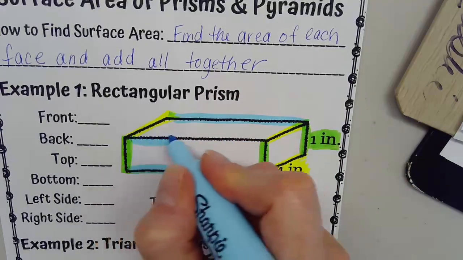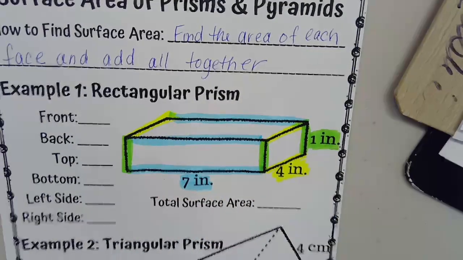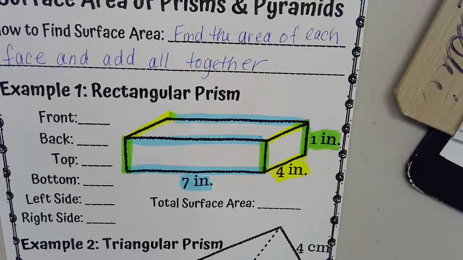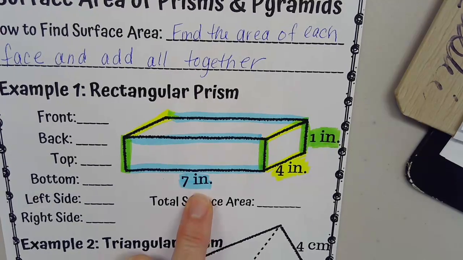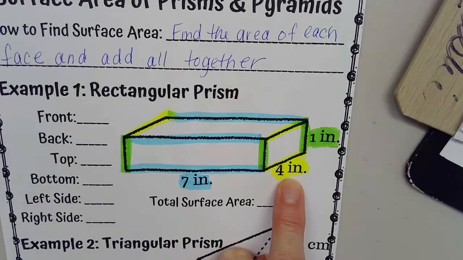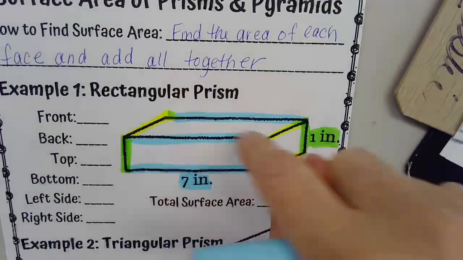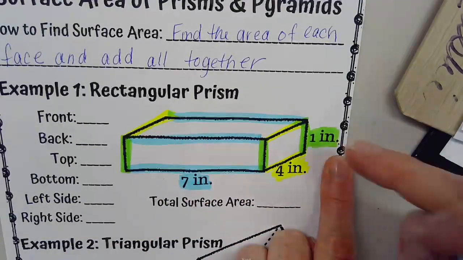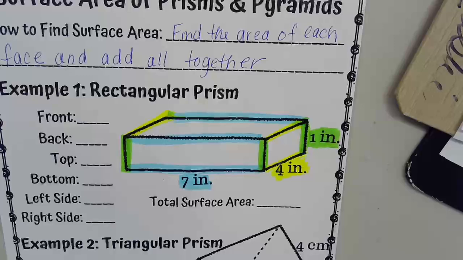All right, so we have this one as well. So how many 7s do we see? 3. How many 4s do we see? 3. How many 1s do we see? 3. How many faces do we see? Raise your hand if you can tell me how many faces we can see. Killian?